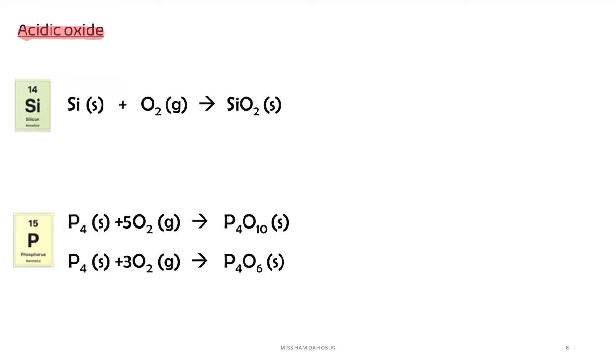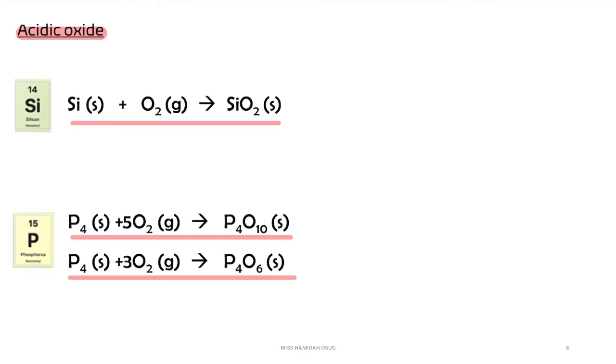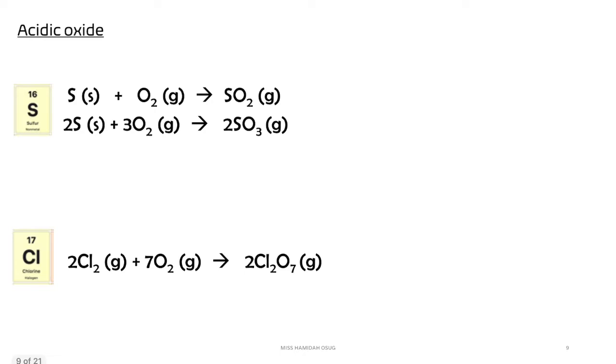For acidic oxide, as you can see, when silicon reacts with oxygen, it will form silicon dioxide, and phosphorus will form phosphorus pentoxide and also phosphorus trioxide. For sulfur, when it reacts with different moles of oxygen, it will form sulfur dioxide and also sulfur trioxide.